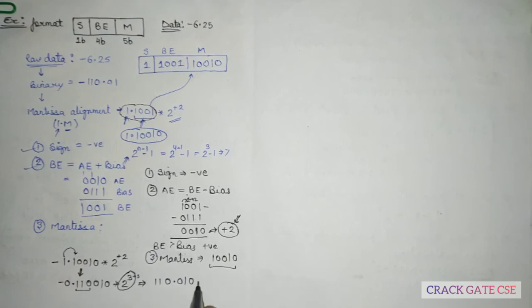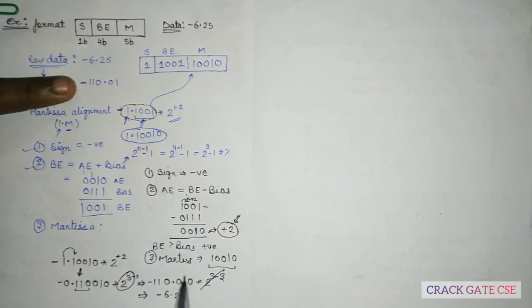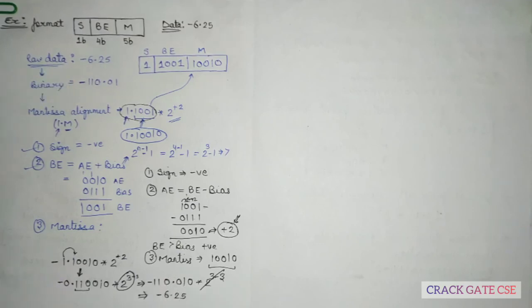As we are shifting to the left, we subtract 3, so this will be 2 to the power of 0, which equals 1. Here we already have a negative sign, so if we convert this value into decimal, we get minus 6.25, as this value is the same as this value, right? I hope you got an idea of how this example works.